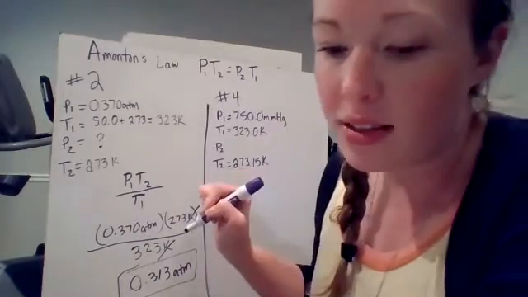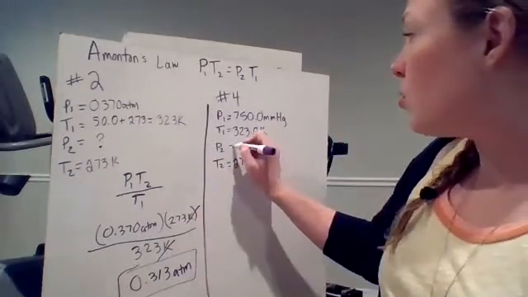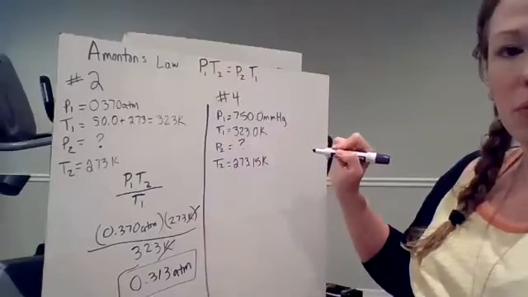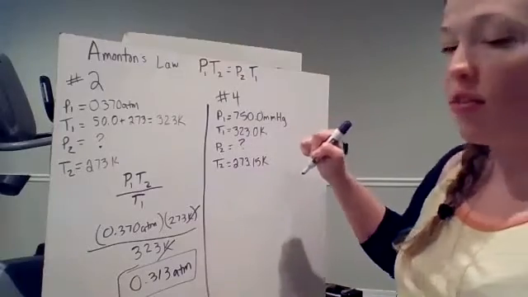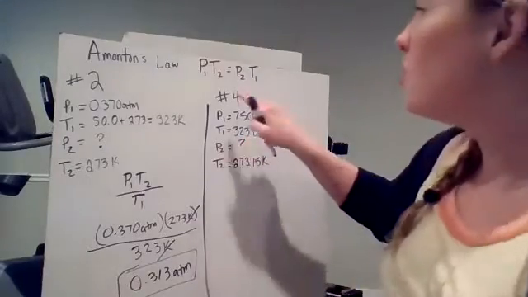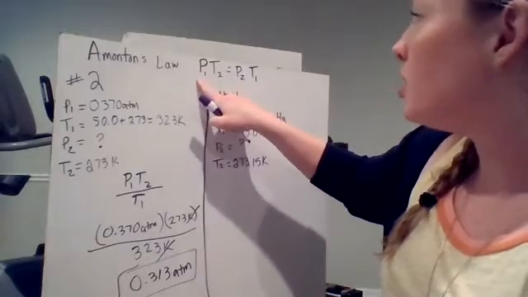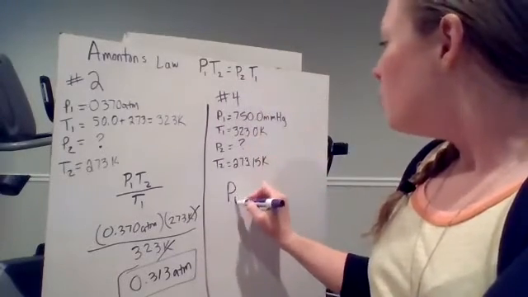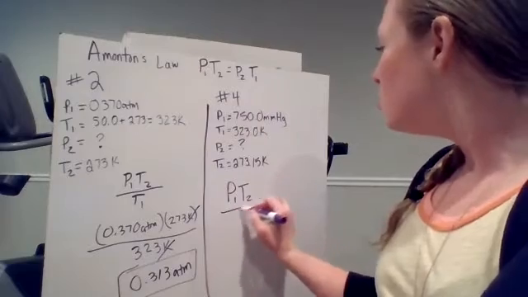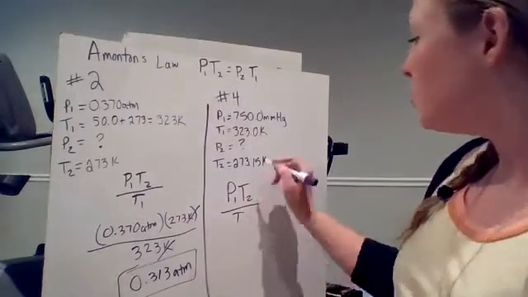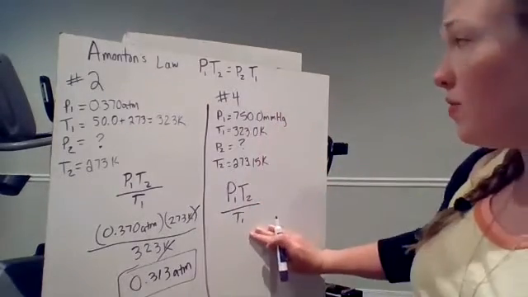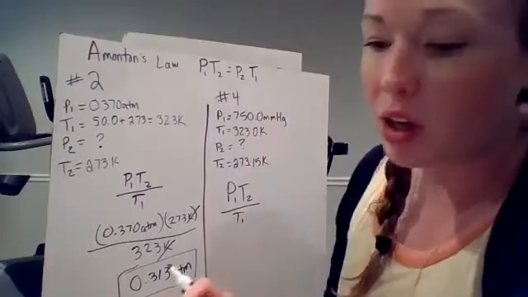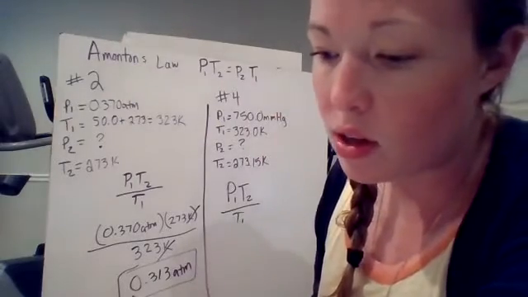Okay, and then it says what pressure would result. So our question mark is P2. We don't know our final pressure. So again, we're solving for P2. We're going to divide these by this one. P1 T2 divided by T1. We plug those values in, and I'm going to just give you the answer here.